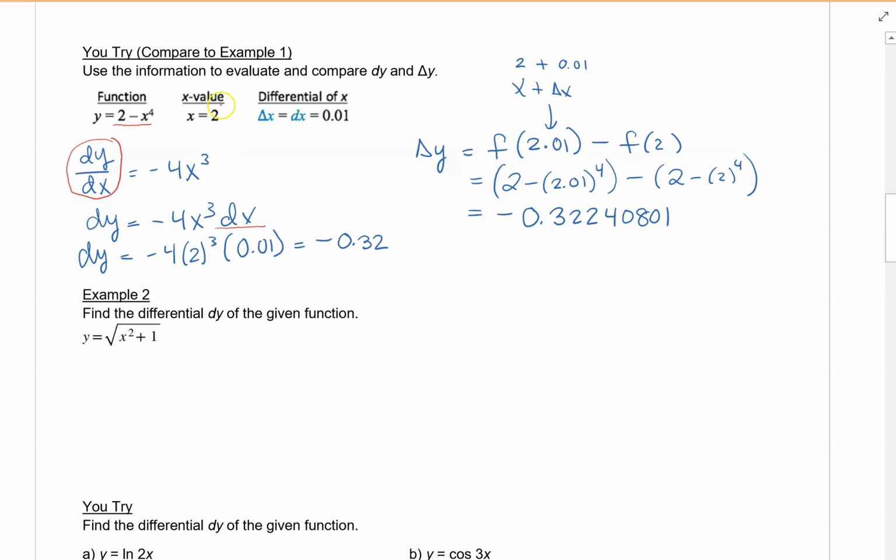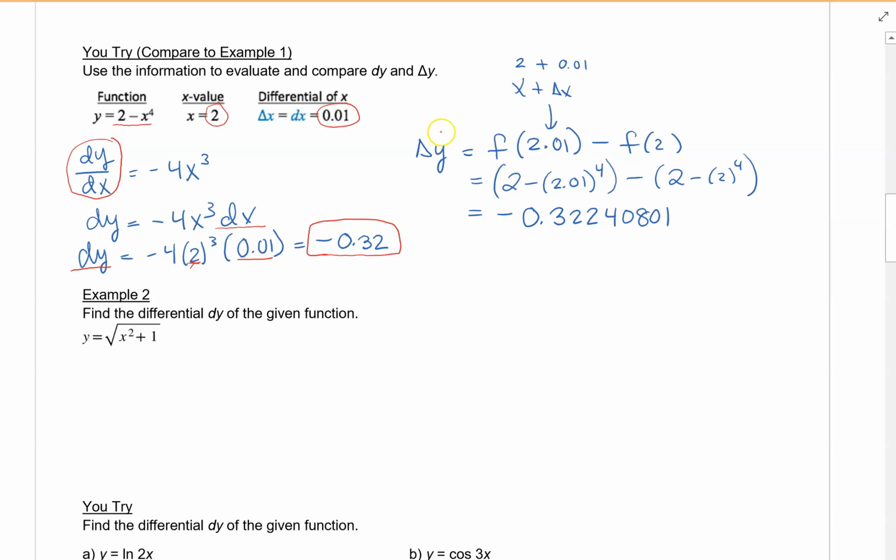Then I can plug in my value for x and for dx, which is my very, very small change in x, very close to 0. When I plug those in, I see that my y value will go down about 0.32 from its original value. So when I go from f of 2 to f of 2.01, it'll go down about 0.32, is what this is approximating.